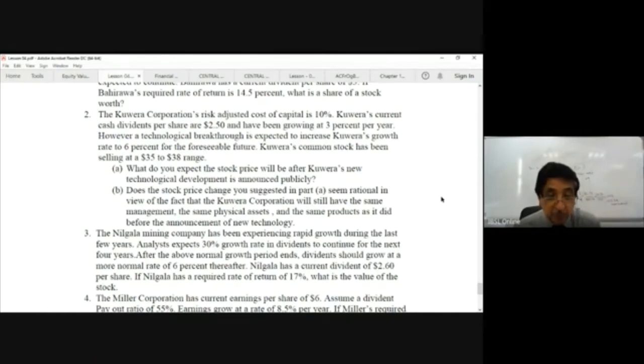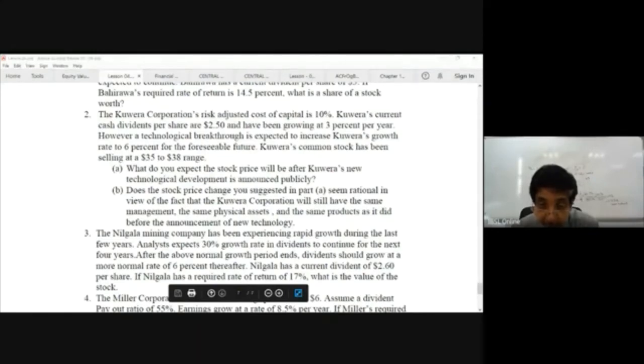But when you calculate it with the growth of 6%, you will come to 250 into 1.06 divided by 0.1 minus 0.06. 66.25, it seems.